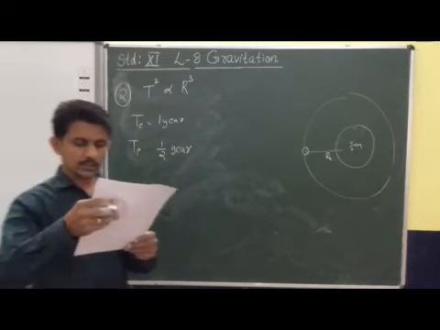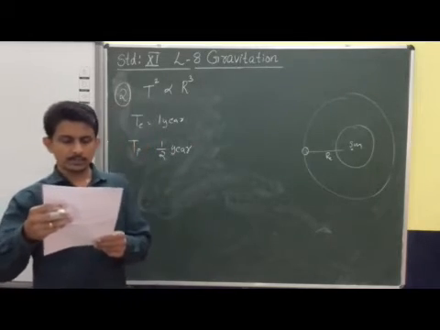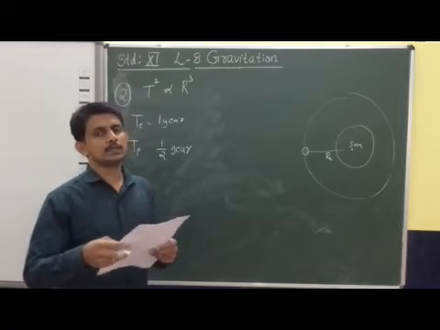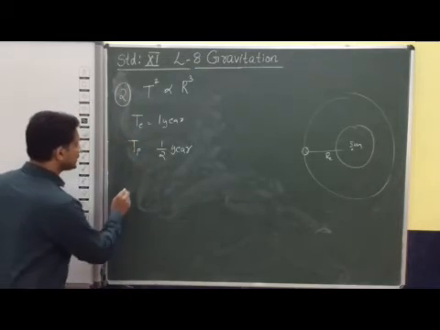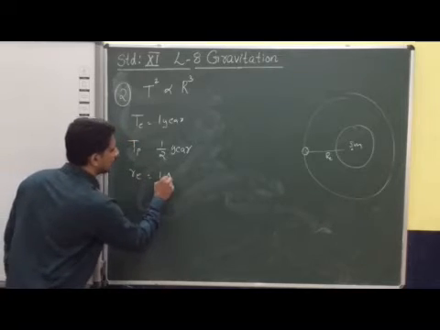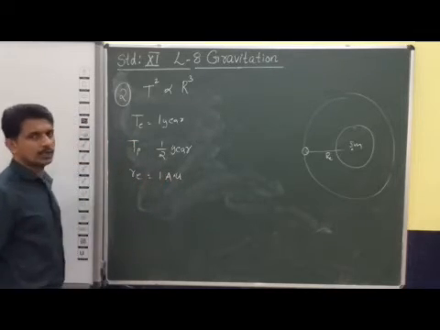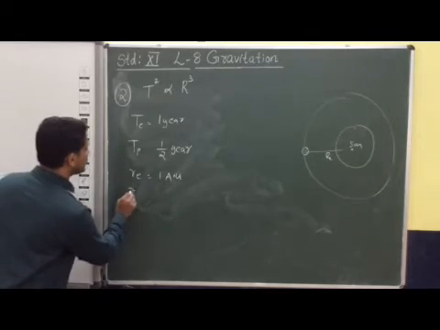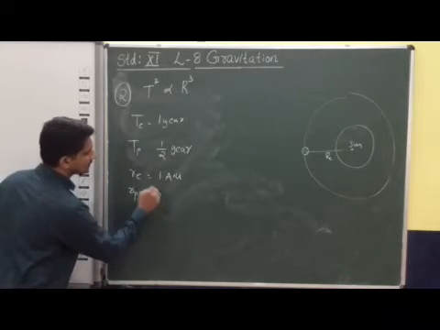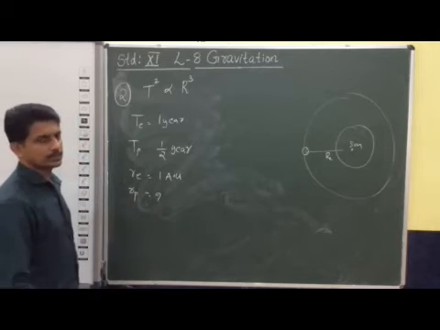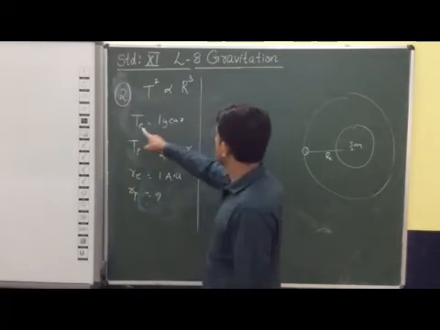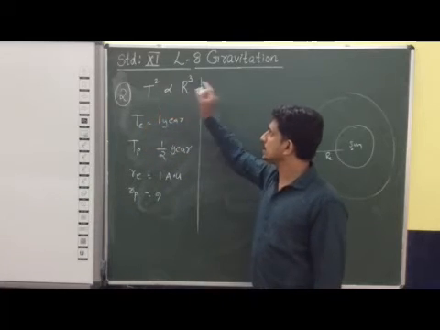You can observe that other data is also given. What would be its orbital size compared to the earth? We can take the radius of the earth as 1 astronomical unit, 1 AU. So we can find the orbital size of this planet. We take the equation T square is proportional to r cube.